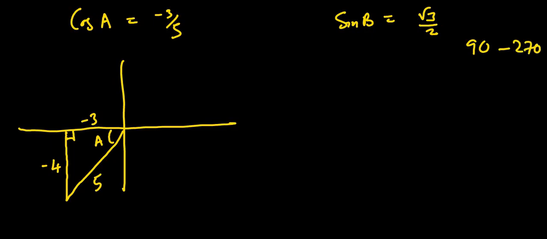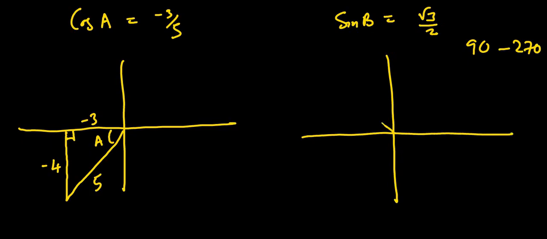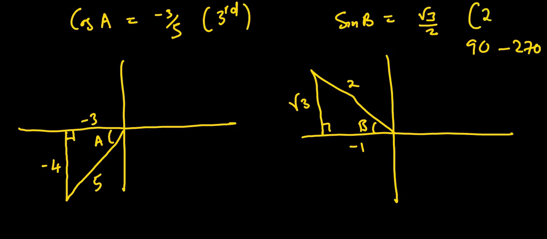The only place where sin is positive is the second quadrant. So this will help us create a triangle in the second quadrant. This is opposite, this is this, then this is that. This will be a negative 1. This is your B there, right? This is the third quadrant, and this is the second quadrant.